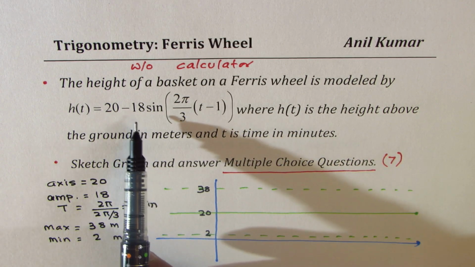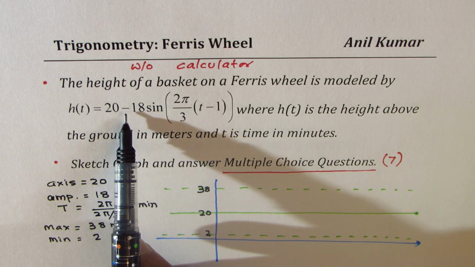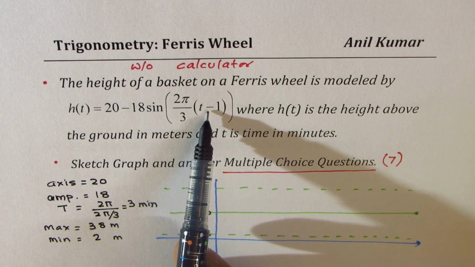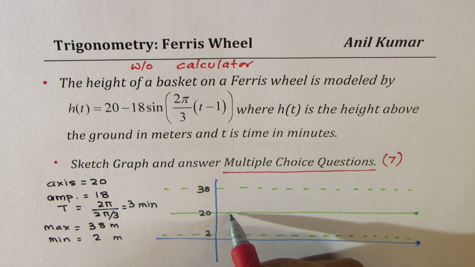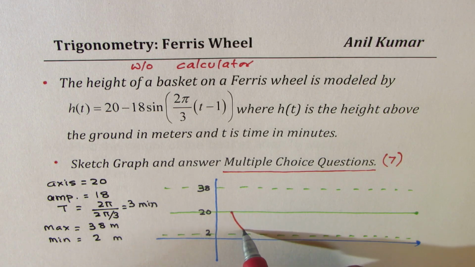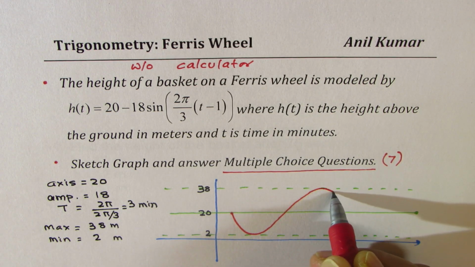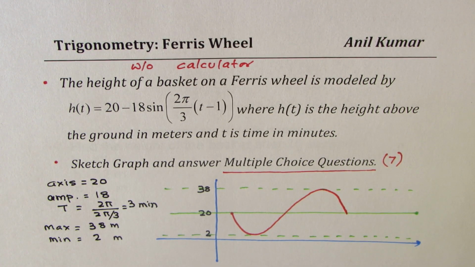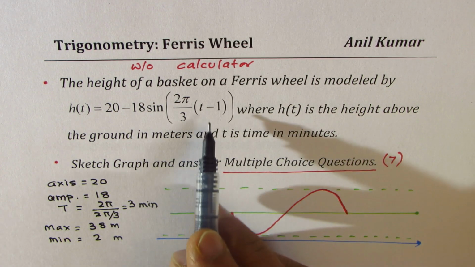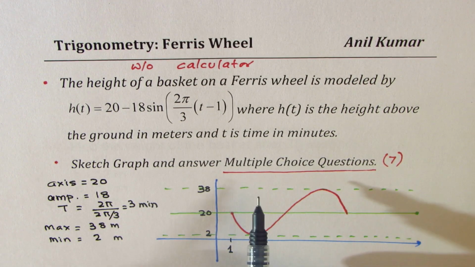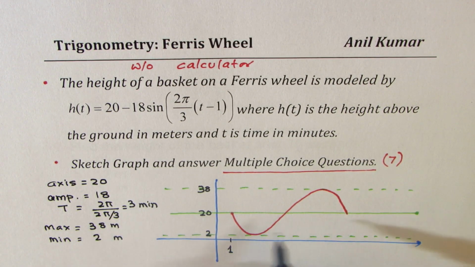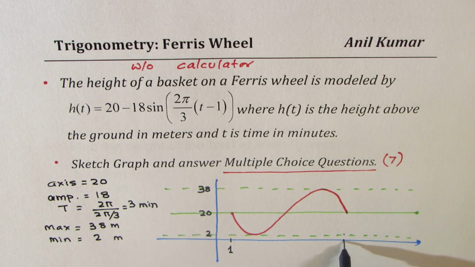Now for the sine wave, you see this negative, it means after shifting 1 unit to the right, it actually goes down. So the sine wave goes downwards. Therefore the graph should be kind of like this. Let us say it goes down from here, and we'll just draw one wave. Since it is t minus 1, that should be 1 unit, and the time period is 3, so 1 plus 3 is 4.